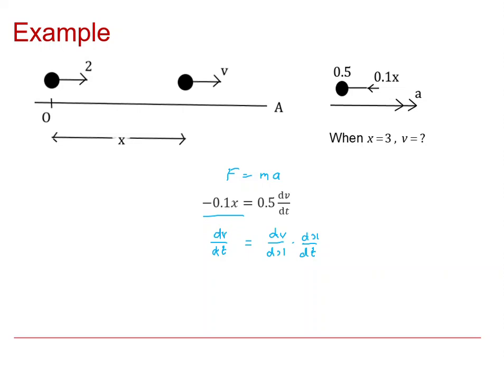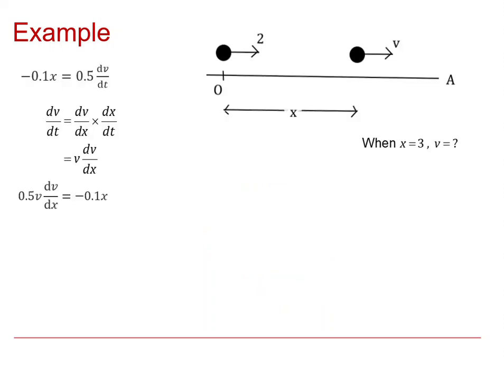Now, notice on the right hand side that second factor, that's what we'll recognize as just v. So we can write that right hand side as v dv by dx. Now, that's the sly maneuver. Instead of writing dv by dt for the acceleration in this case, we write v dv by dx, and that's eliminated t altogether.